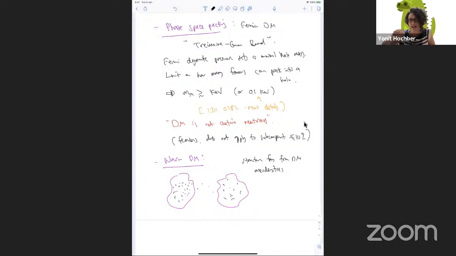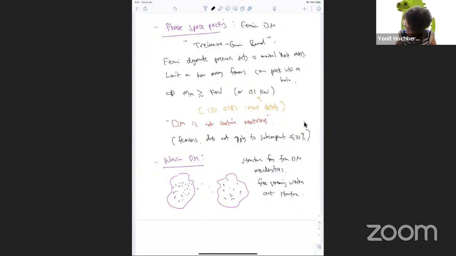And what happens is that if I have free streaming of dark matter, dark matter just free streaming through, it's going to wash out structure, and that's potentially an issue. So free streaming washes out structure.